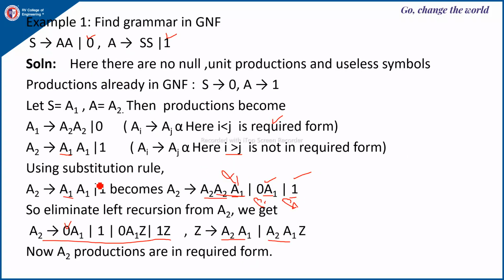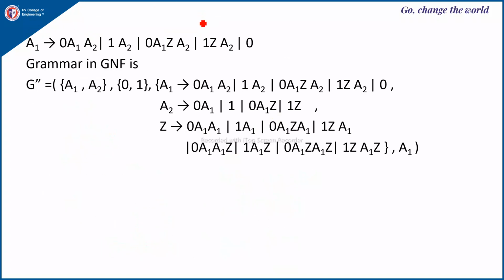So substituting the A2 production in A1, A1 productions will be 0 A1 A2, 1 A2, 0 A1 Z A2, 1 Z A2, followed by 0. So that will be the productions of A1.